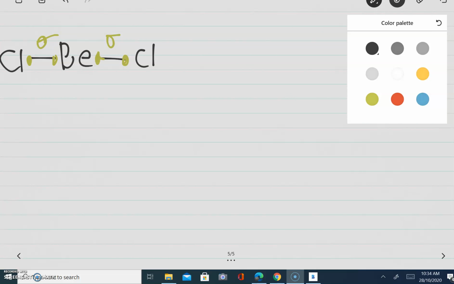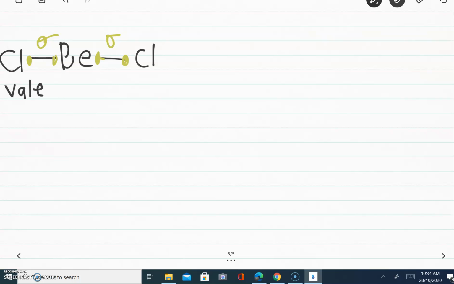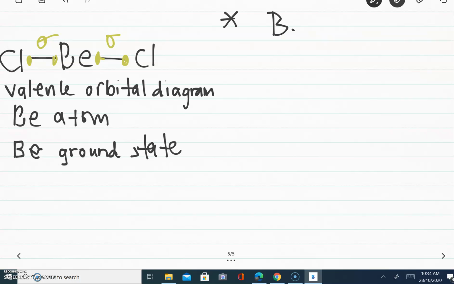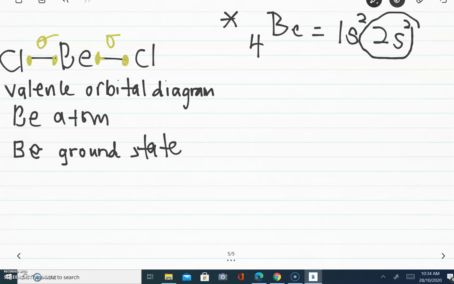Next step, we need to write down the valence orbital diagram for the beryllium atom. So, we write down first the beryllium ground state. For your information, beryllium has proton number 4 and the electronic configuration is 1s2 and 2s2, and the 2 valence electrons are filled inside the 2s orbital.